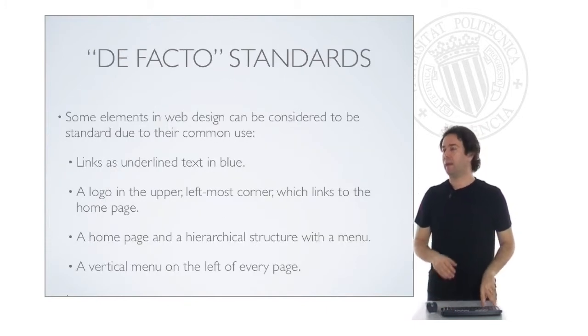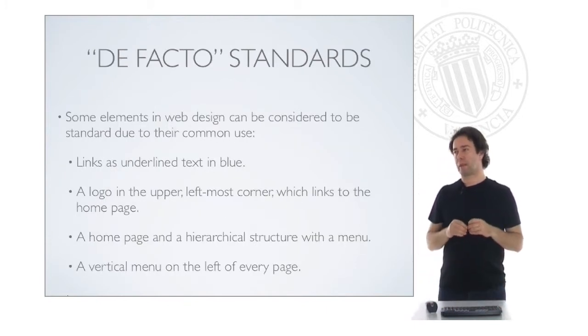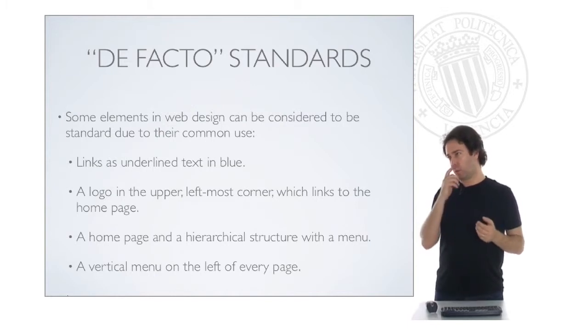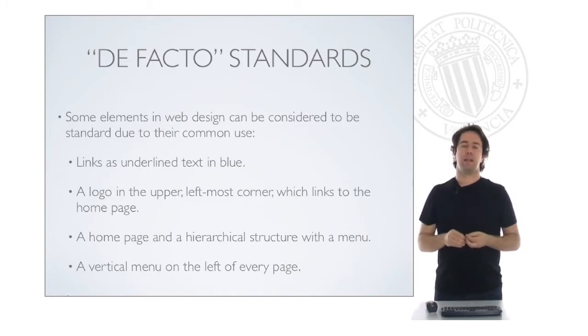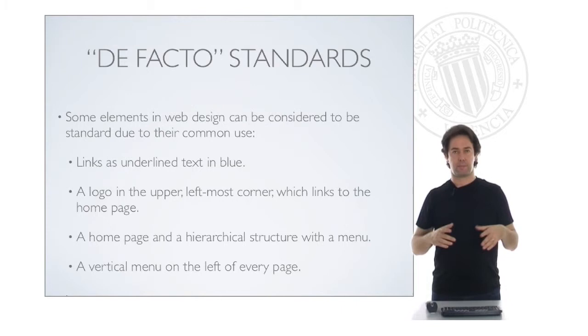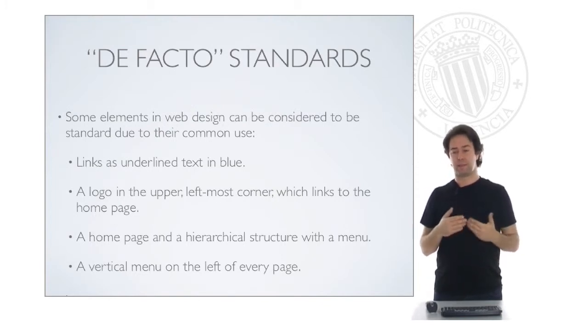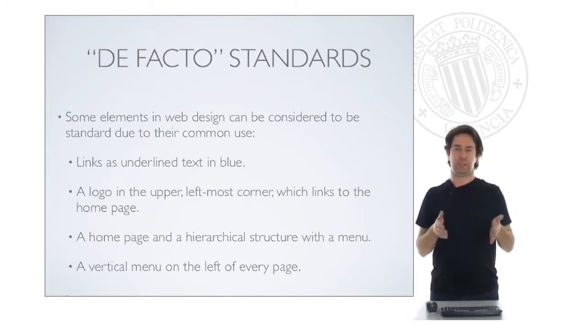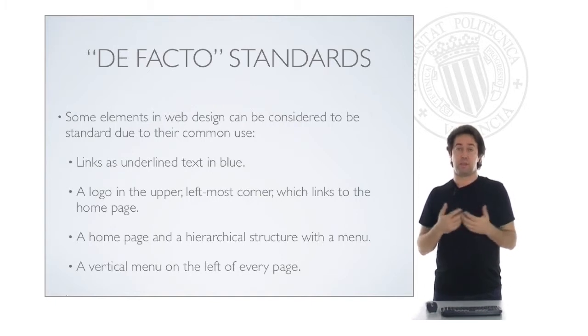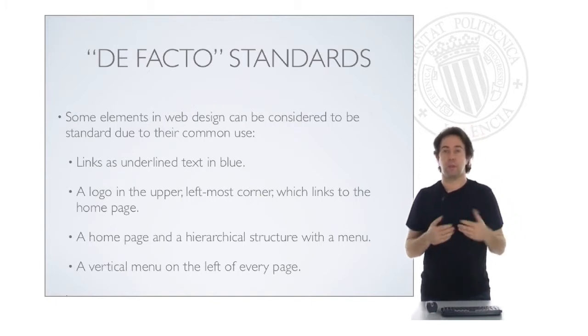For example, one of the ways of thinking about this is that there are some standards in web design that are de facto standards. This means that some standards have become known just because they're used. There is no regulation about that, just the use. It has been used.